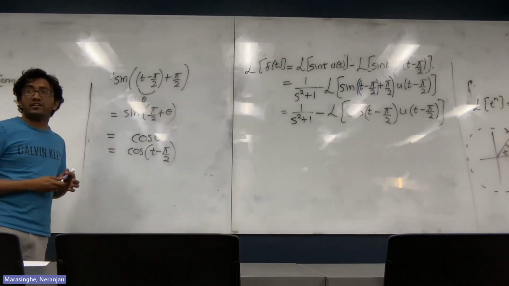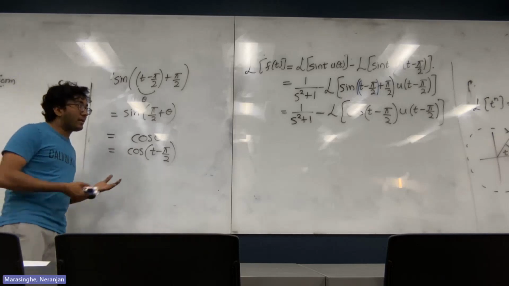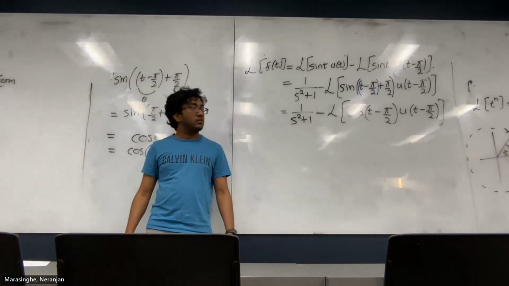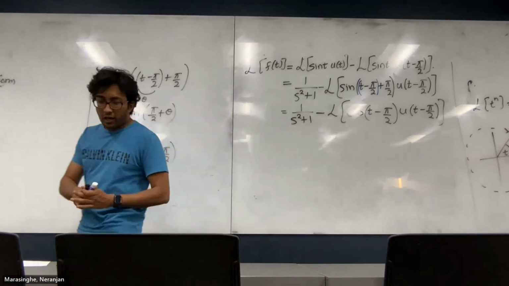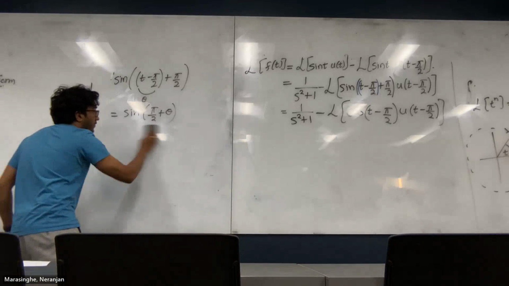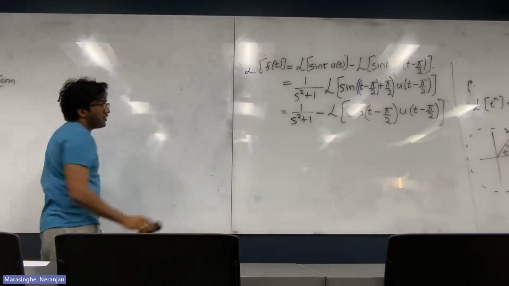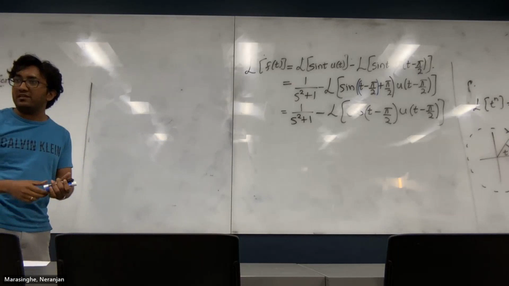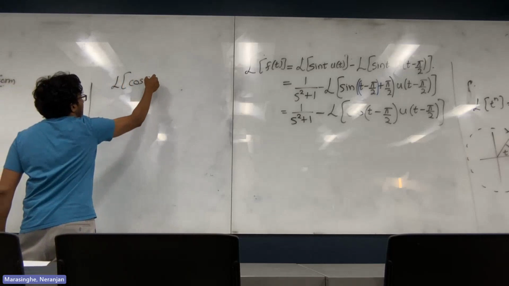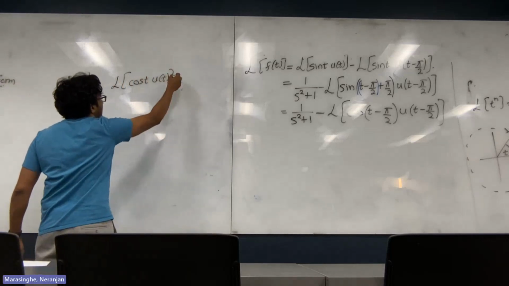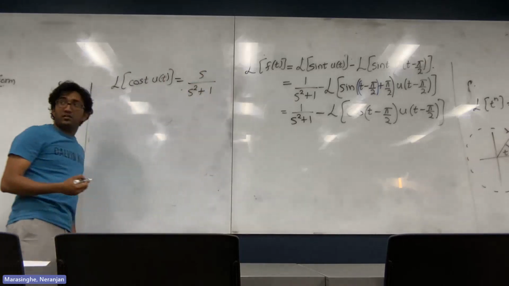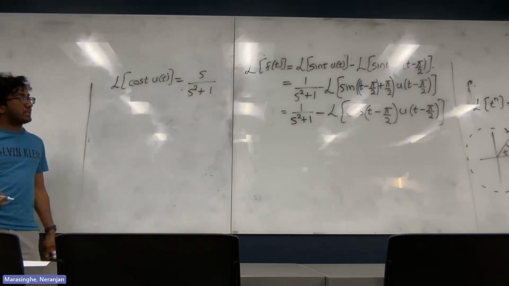Now I have a nice function, and I can relate the second translation theorem, because we know the Laplace transform of cosine t u(t) is s divided by s squared plus 1.